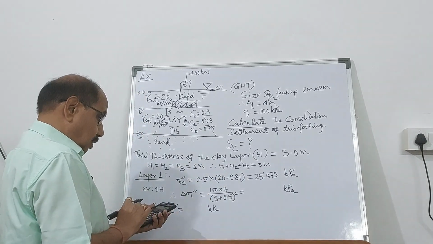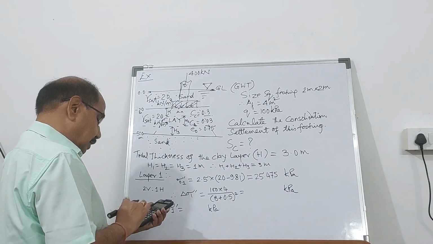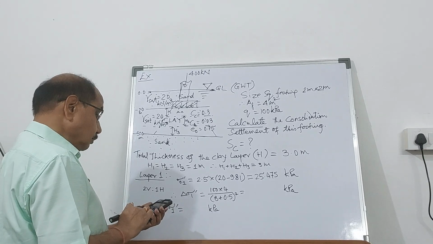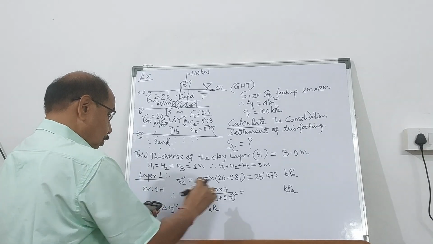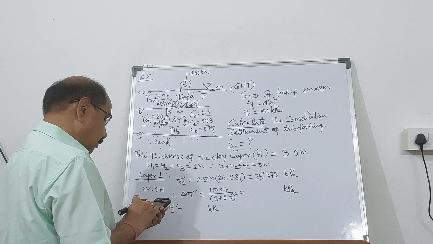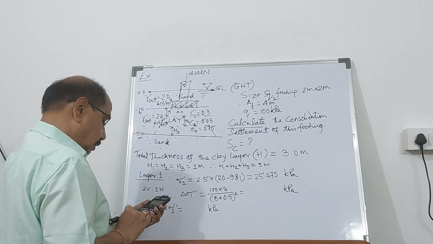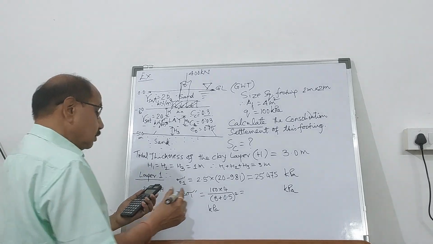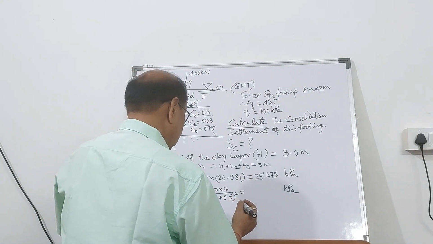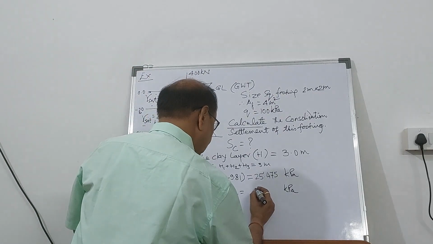And this one is 400 divided by 2.5 square is 64.